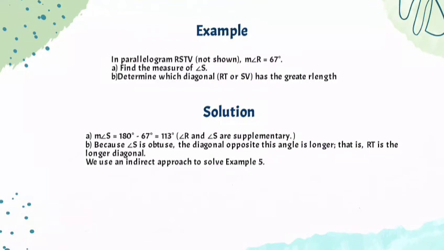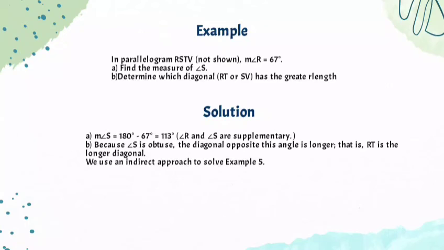B. Determine which diagonal, segment RT or segment SV, has the greater length. Solution: because angle S is obtuse, the diagonal opposite this angle is longer, that is, segment RT is the longer diagonal.